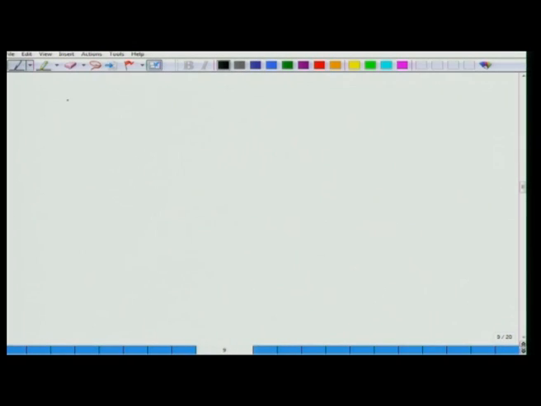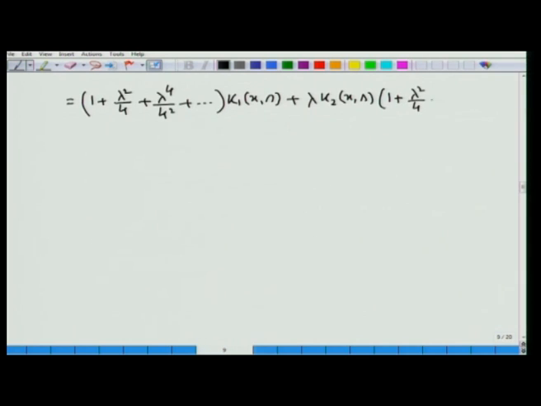So, this expression is equal to 1 plus lambda square by 4 plus lambda to the power 4 by 4 square plus dot dot, multiplied with k1(x,s), and for the rest of the terms if you take common lambda and k2(x,s), then this will be multiplied with 1 plus lambda square by 4 plus lambda to the power 4 by 4 square plus dot dot.